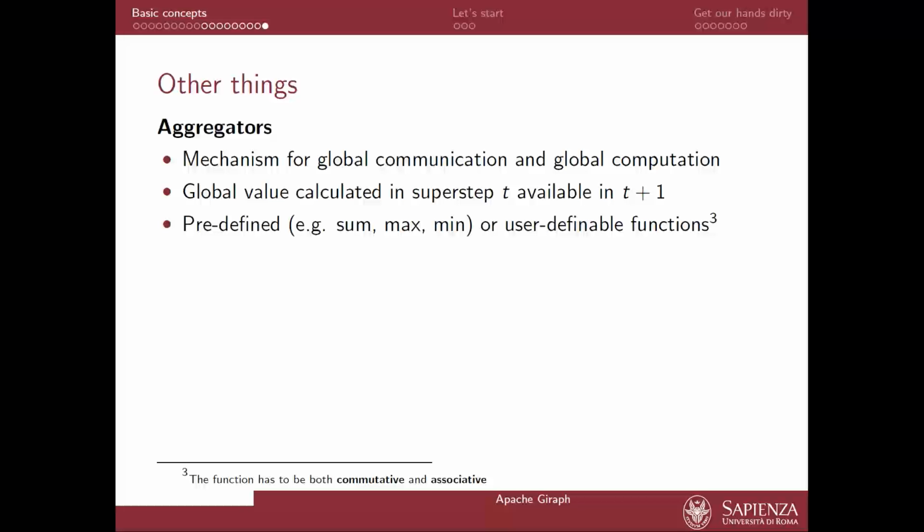This is the reason why aggregators exist. Some functions of the aggregator, like sum, max, and min, are predefined, but it's easy to define other functions. Of course, each global value is calculated in the successive step. So at step t+1, we have the value of step t.